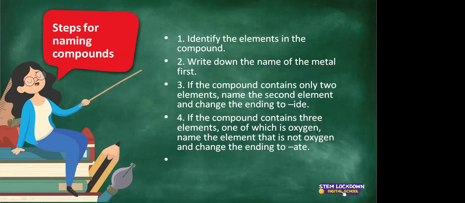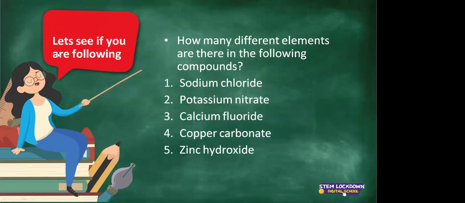If the compound contains 3 elements, one of which is oxygen, name the element that is not oxygen and change the ending to ATE. Let's see how that is going to work.